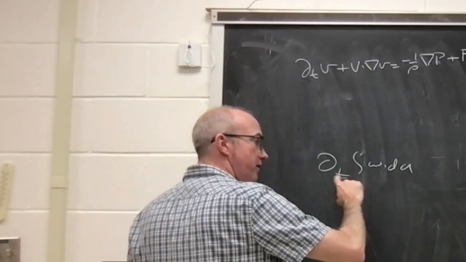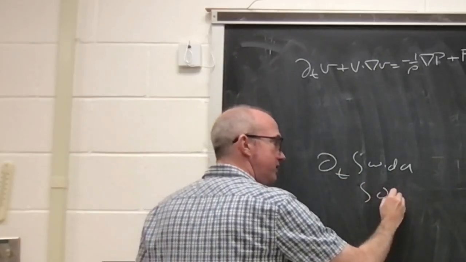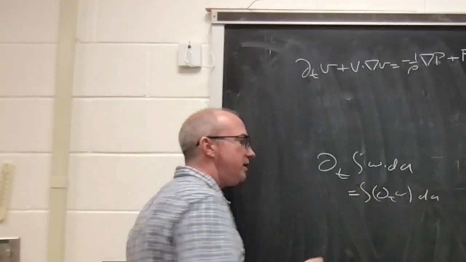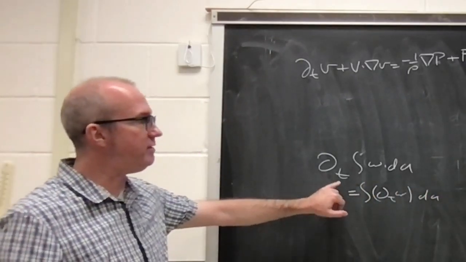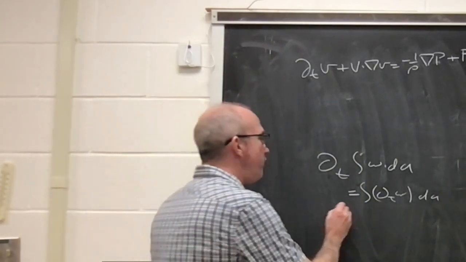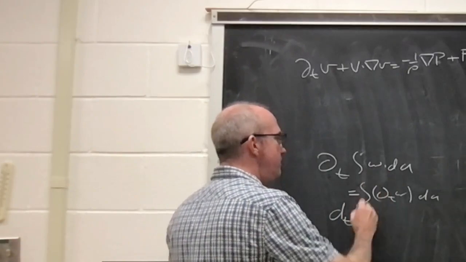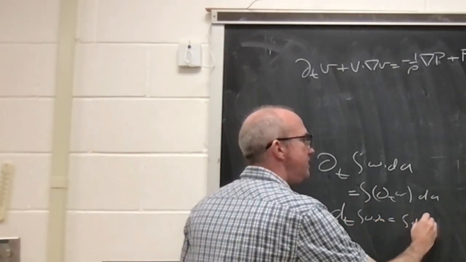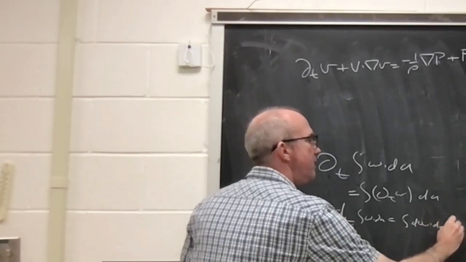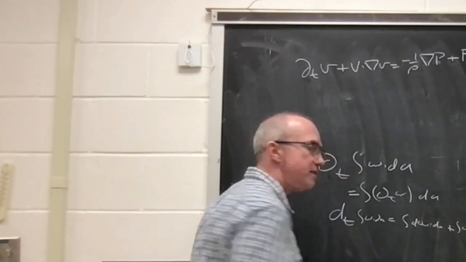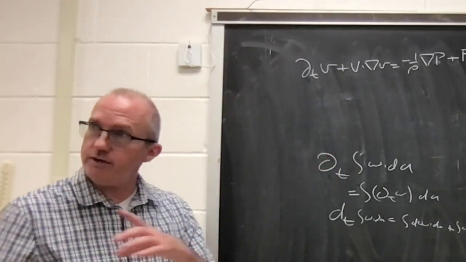So I would just be left with d by dt of omega dot dA, because by definition of the partial derivative, you're holding space fixed, so you don't get another term. But if I have the full derivative of omega dot dA, that is d by dt of omega dot dA plus the integral of omega dot d by dt of dA, because the full derivative moves with the fluid.